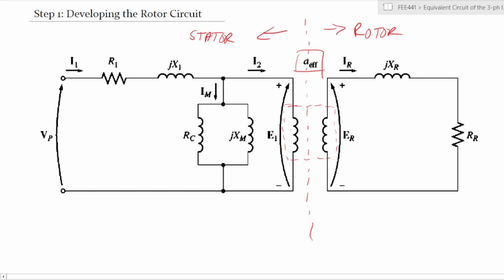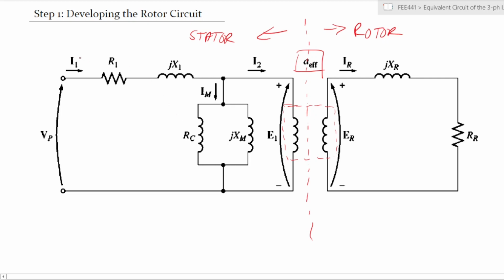We said the stator has very many thin windings and the rotor has a few thick bars as its windings. That ratio between the many thin windings and the few thick windings is represented by the effective turns ratio.